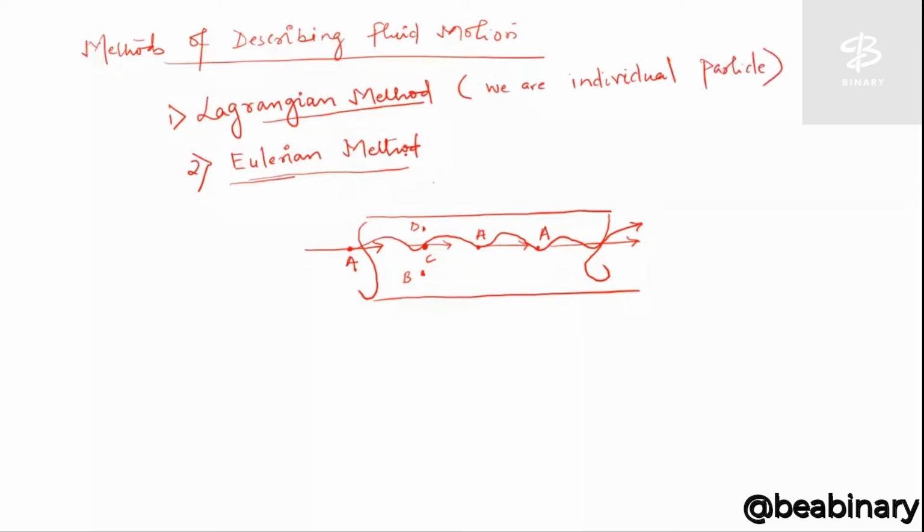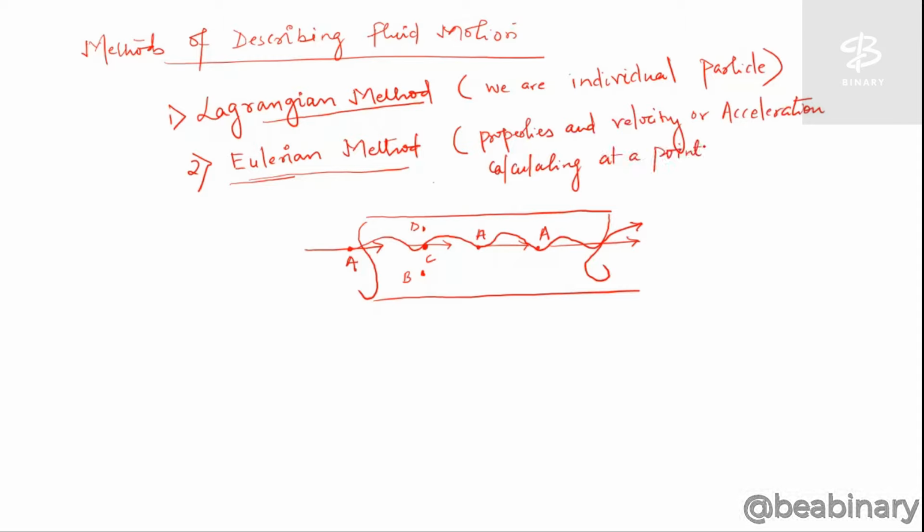But in case of the Eulerian method, the properties and velocity or acceleration are calculated at a point in the flow field.